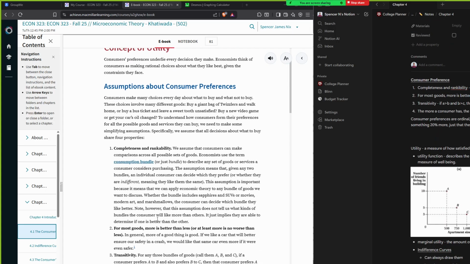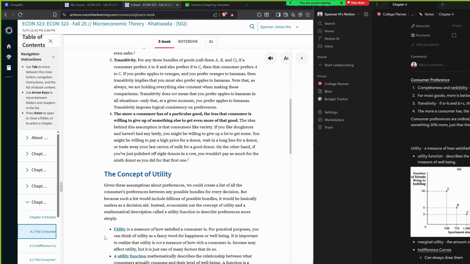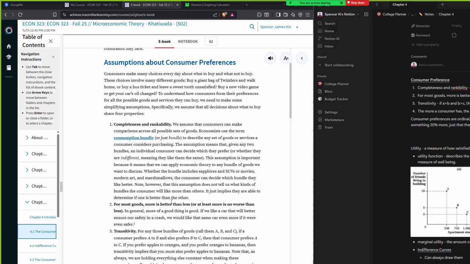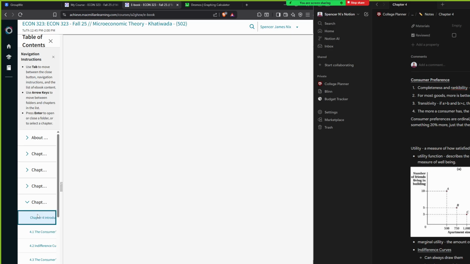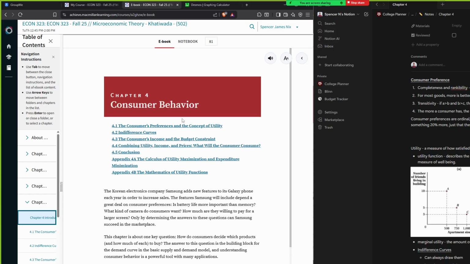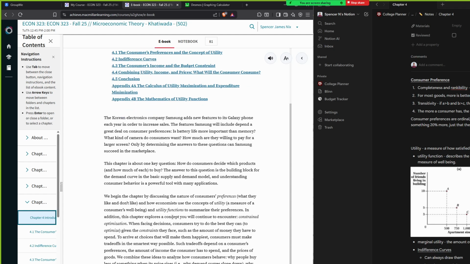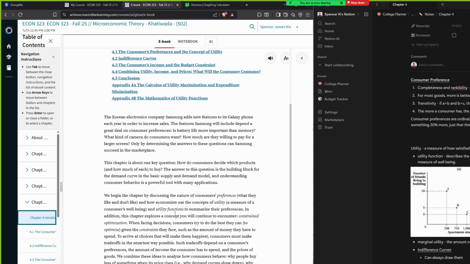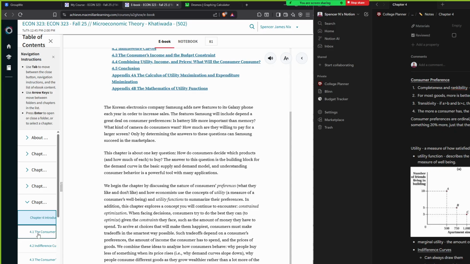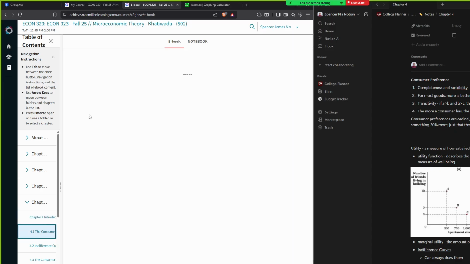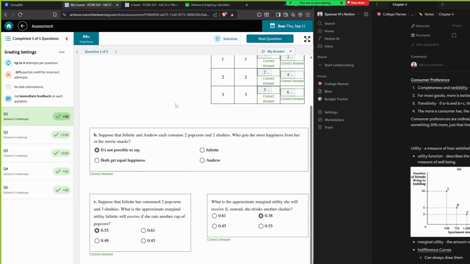Oh well. There's somewhere in here where it says you can't judge one person's utility based off somebody else's utility. I had to go back and look at it.